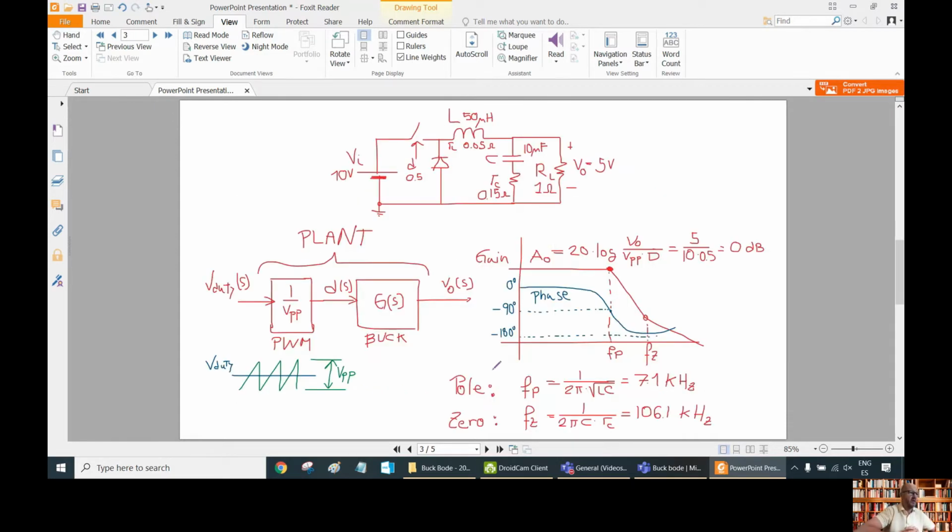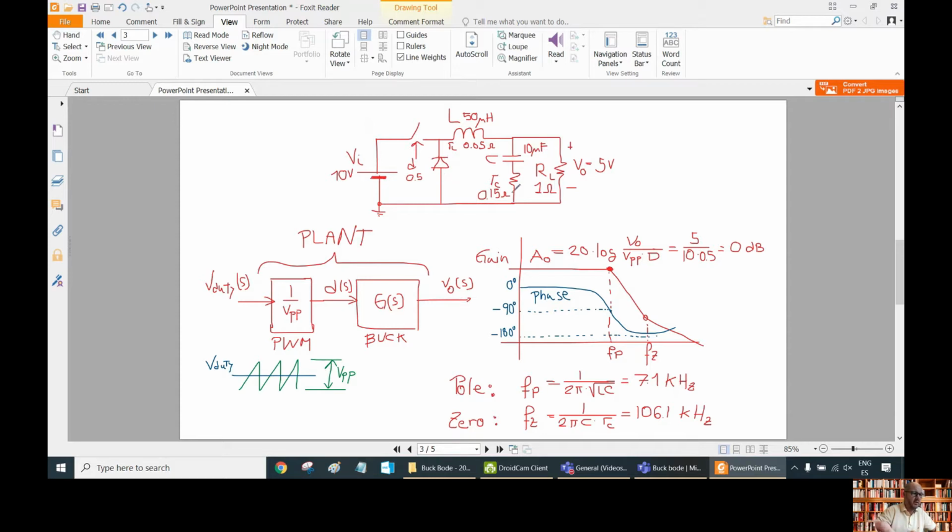Having said that, we are going to study our DC-DC buck converter, and this is the topology that I have selected as an example. We have 10 volts at the input, and we are going to generate 5 volts at the output. The inductance has a value of 50 microhenries, capacitance is 10 microfarads.